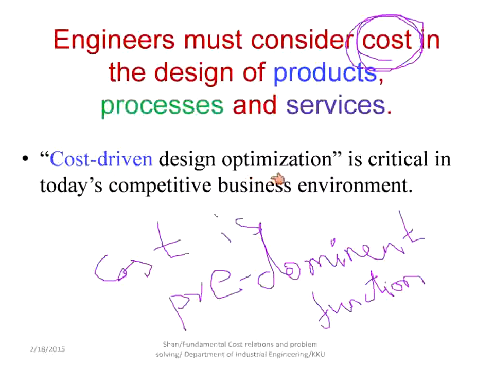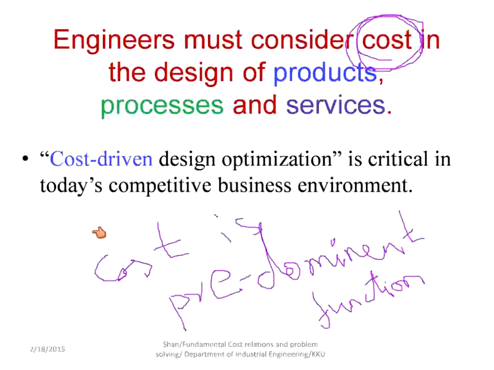When you do optimization, you have to do cost-driven design optimization. Some variable may be more critical, which affects cost, when you design a product, or do some process, or some services in industries. So, as an engineer, you have to find out which cost is more critical.